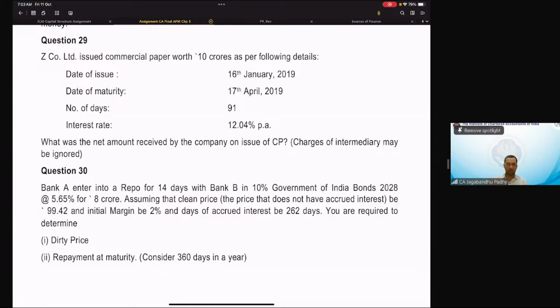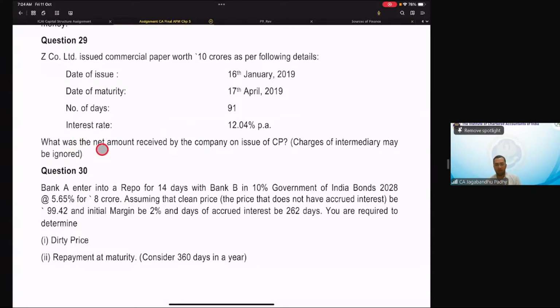The company, Z Company Limited, issued commercial paper worth 10 crores as per the following details. Date of issue is 16th of January 2019. Date of maturity is 17th of April 2019. The number of days is given as 91 days, because that's the difference between these two dates. Rate of interest offered was 12.04%. The question is, what was the net amount received by the company on issue of the commercial paper?